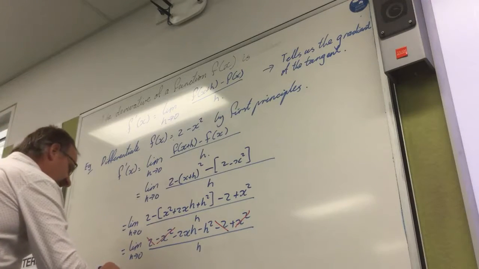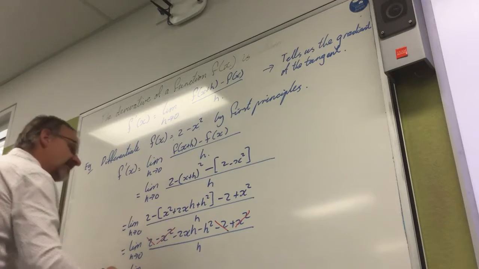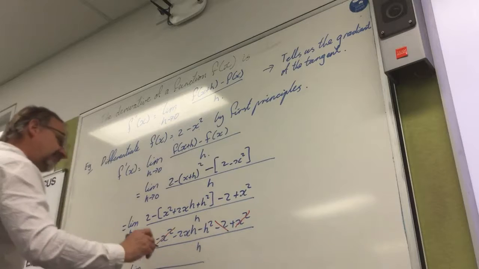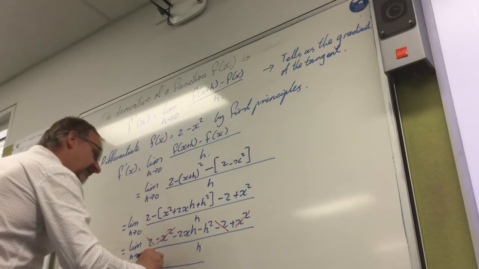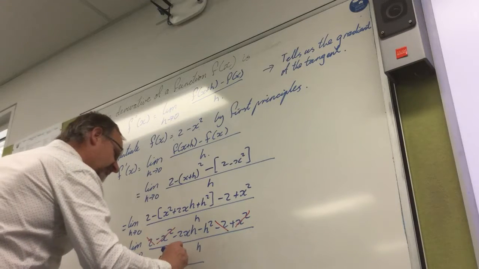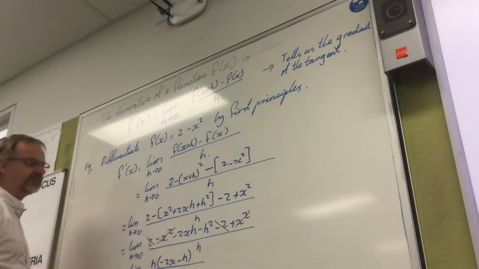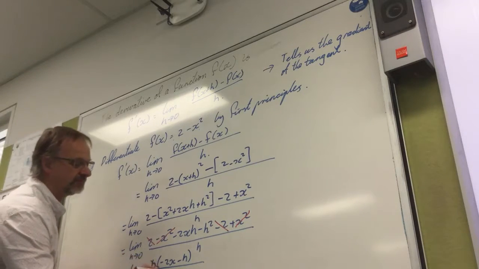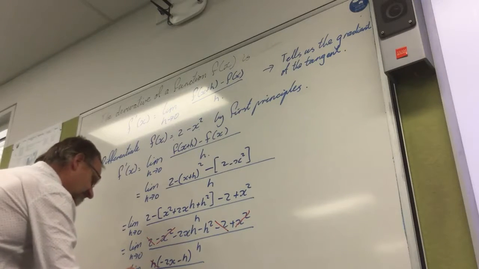What do you then notice about the top? I'm going to do two steps in one here. There was f(x) equals 2 minus x squared. If I take h out as a common factor, I've got minus 2x minus h, all over h. Got some more cancelling. You got a different answer than last time.